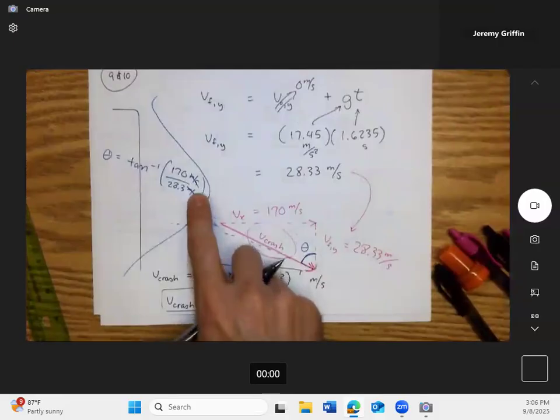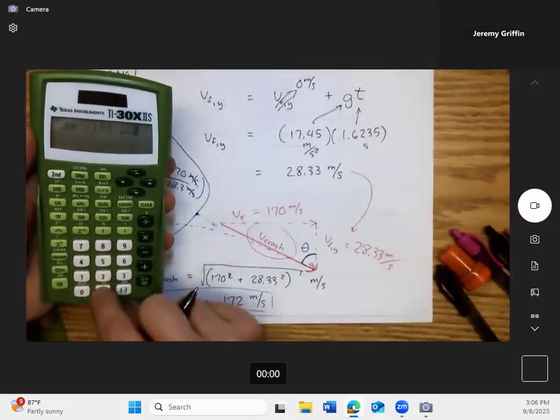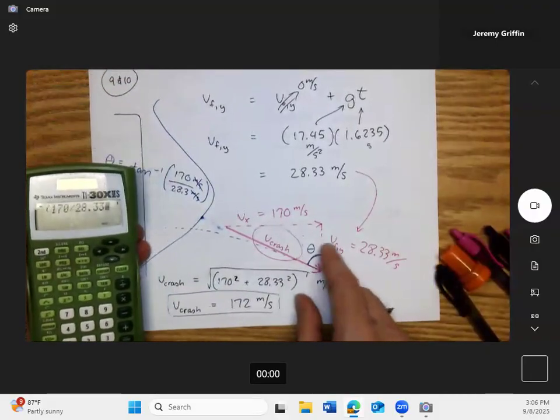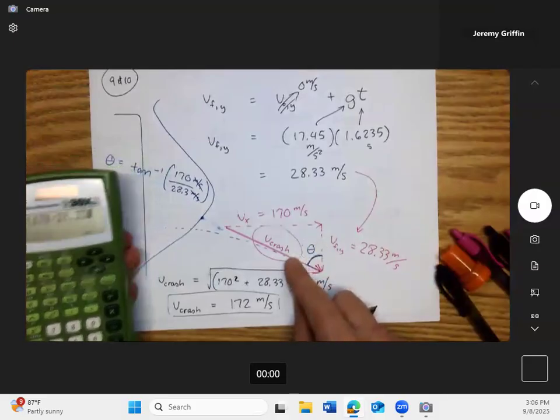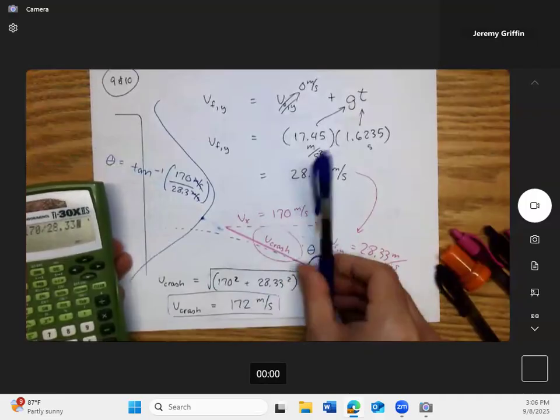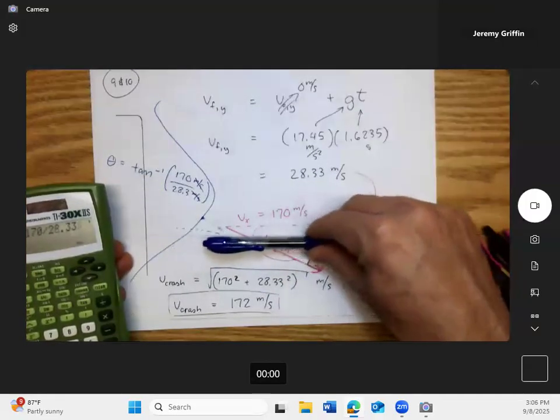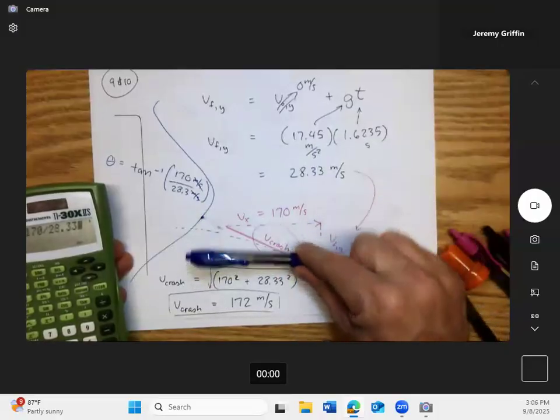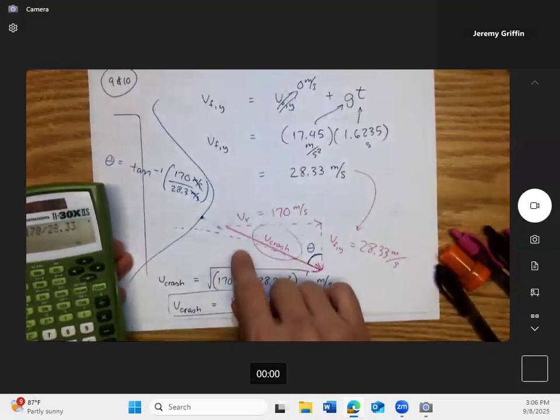Let's see what that is. So what's inverse tan of 170 over 28? Guys, before I hit enter, just eyeballing that, take a guess. How many degrees from the vertical should that be approximately? Here's 0 degrees from the vertical, here's 90 degrees from the vertical. It's coming in nearly horizontal. Is this closer to 0 or closer to 90? Closer to 90, right?